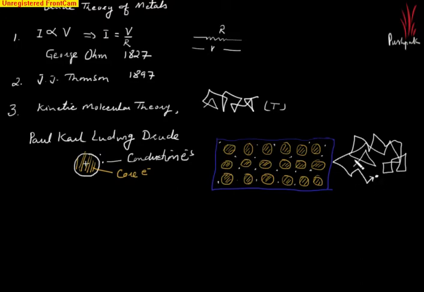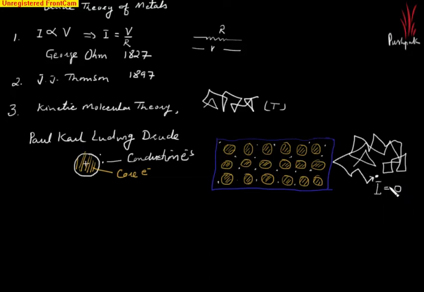So, all these electrons are moving in this way randomly. But this random motion of the electrons in the metal does not constitute any current.